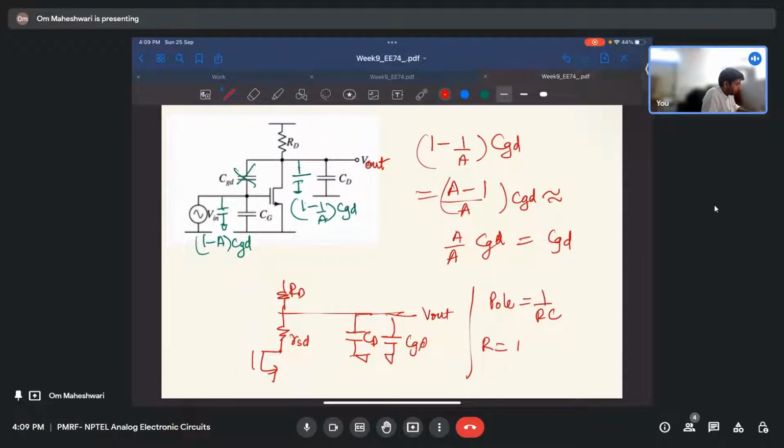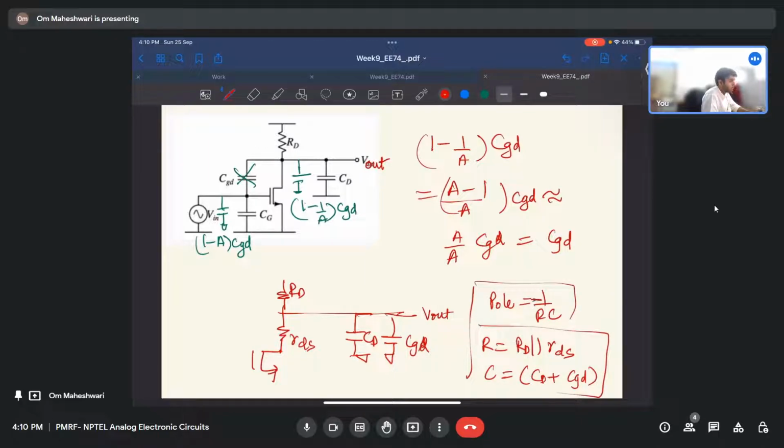R will be RD parallel RDS, and C will be simply CD plus CGD. Okay, so in this way you can find the pole here.